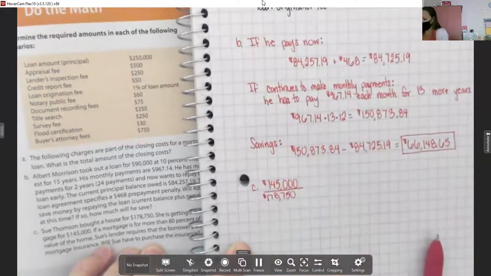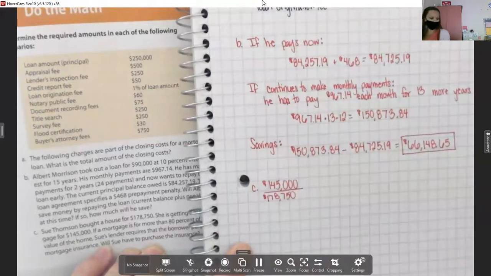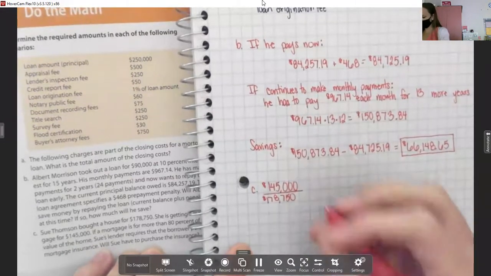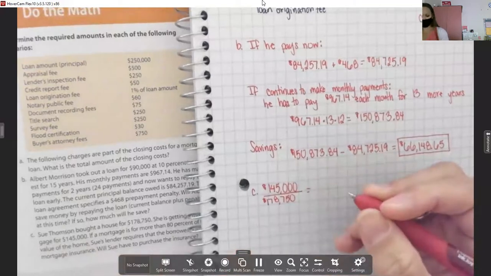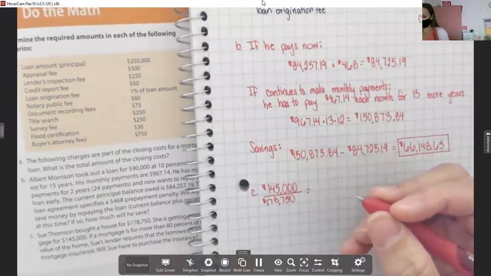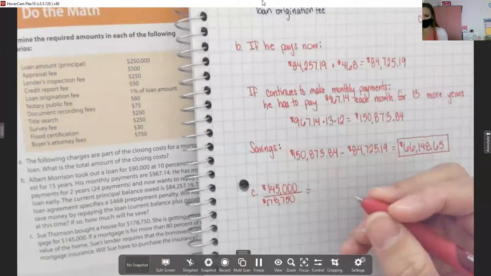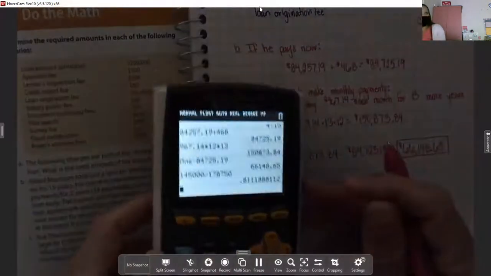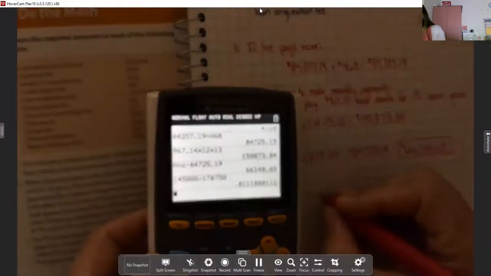So we did borrowed divided by value. I'm typing that into my calculator. So it's 0.811.